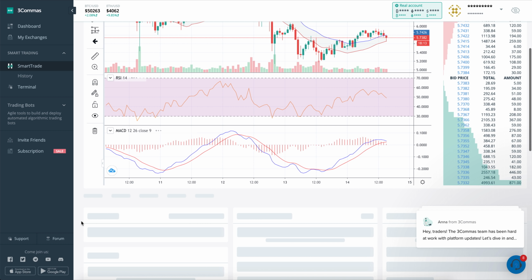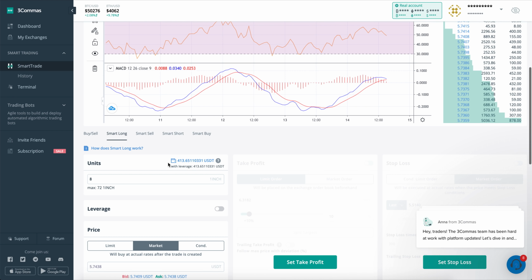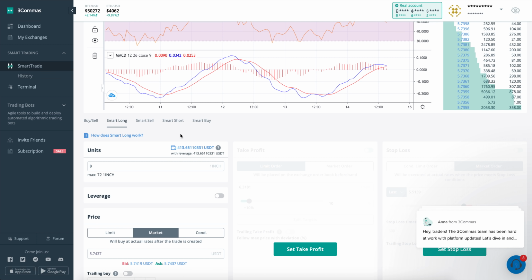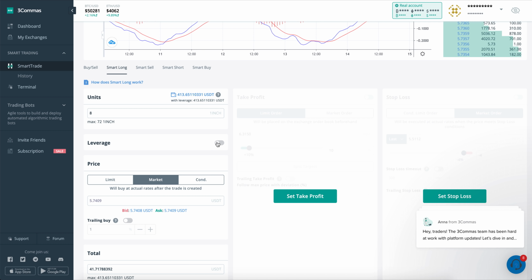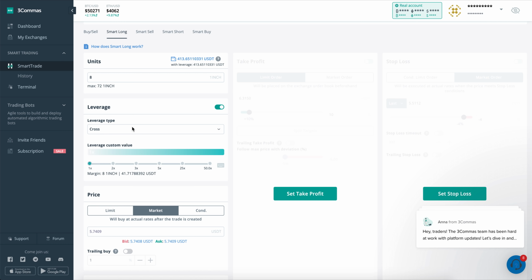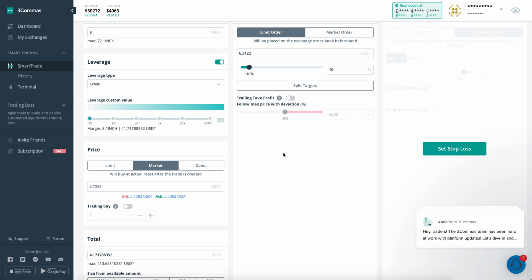And so what I like to do is I like to come down here and do, depending on if I'm longing or shorting, you can do a smart long or a smart short. You can select your leverage type and everything that you can do on Binance. This is actually easier to do if you ask me. You can set your take profit levels here.